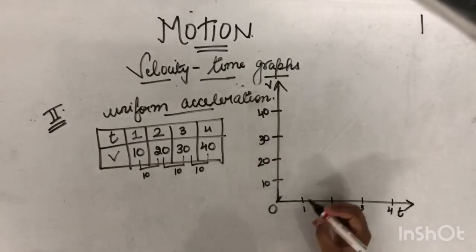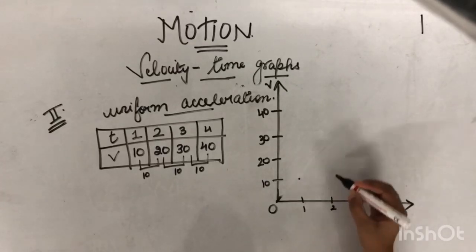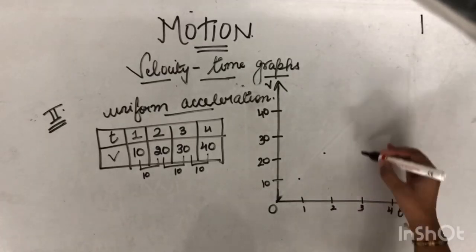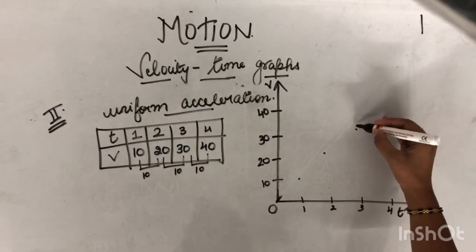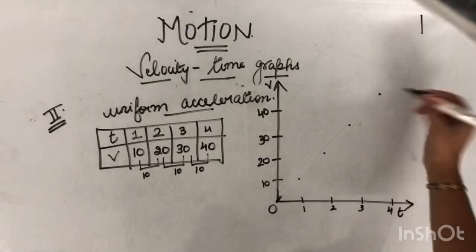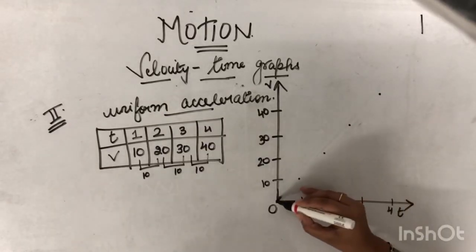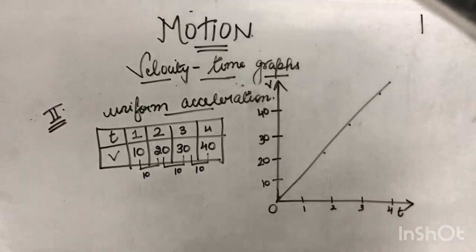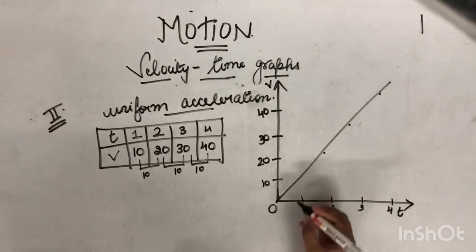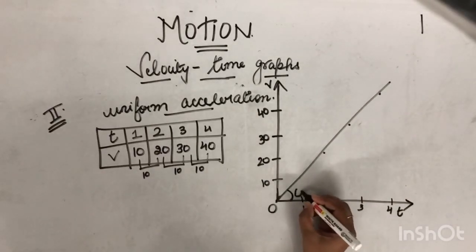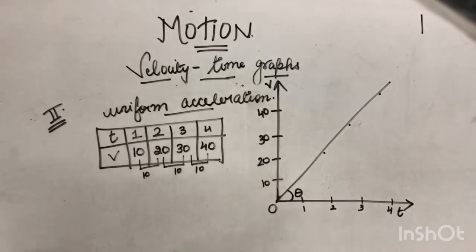Now plot the points 10, 20, 30 and 40. Join the points. You will get a straight line inclined at an angle theta with the x-axis.